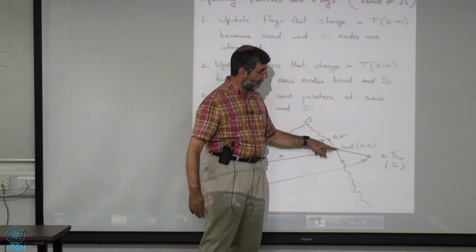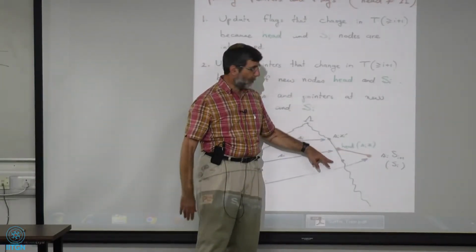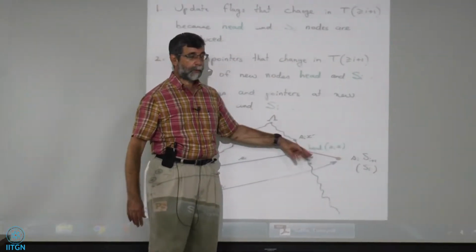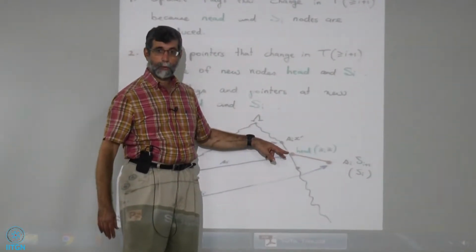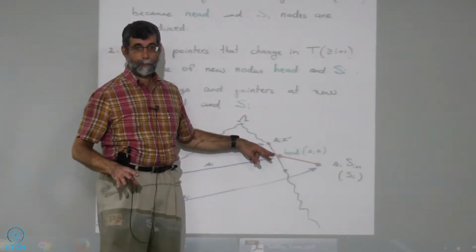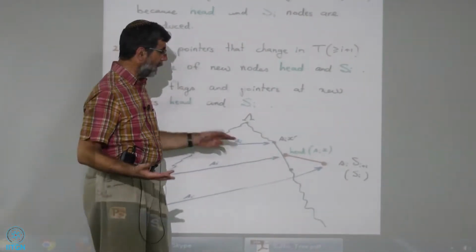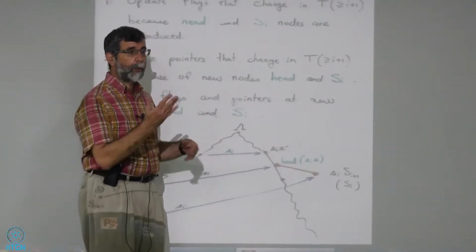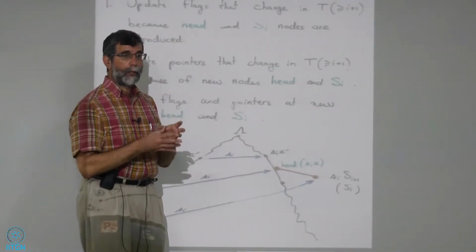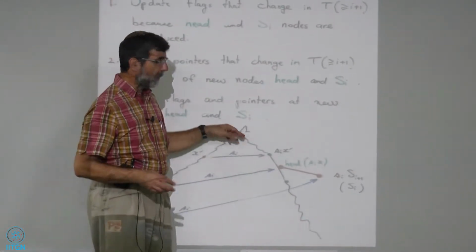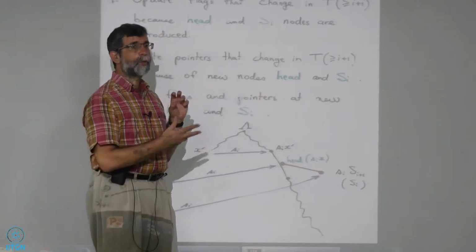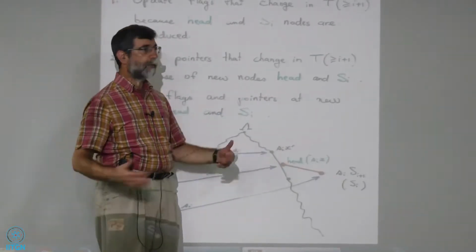And he is basically going to inherit all the flags and pointers that were here, because anything that had a flag or pointer here is going to have a flag there, but no pointers. Why no pointers? Because again, it didn't exist before. So it cannot have a pointer to something, because that would mean that there is something of a lower resolution, as it were, that splits, and he himself didn't.